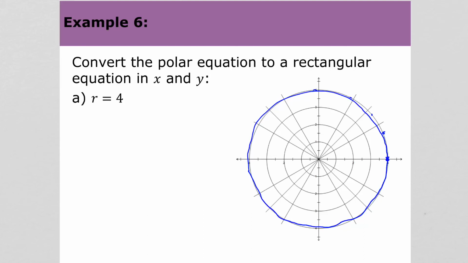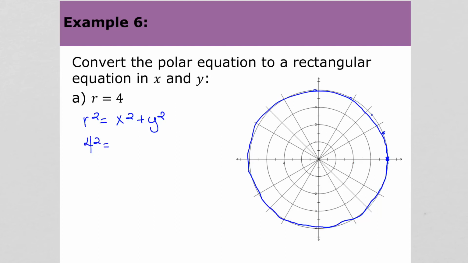Now writing that in rectangular coordinates, or as a rectangular equation, we've got r is 4. We need to find x and y. So we know r squared equals x squared plus y squared. And we need to put it in terms of x and y.